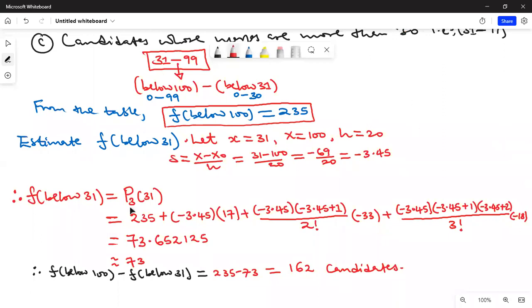So this is the value we get at P3 of 31 as 73. Now when you subtract that from below 100, you get 162 candidates who scored marks more than 31.